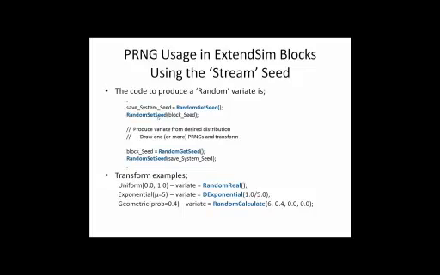We'll set the system seed to our current value of block seed for this particular block. We'll then call the appropriate API call to generate the variants that we're interested in. And again, that may involve more than one call to the PRNG.